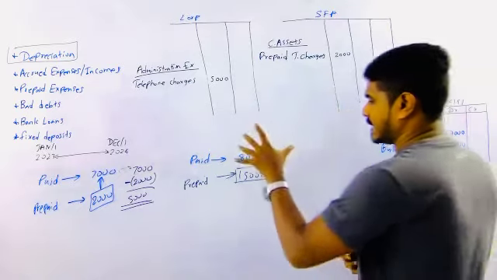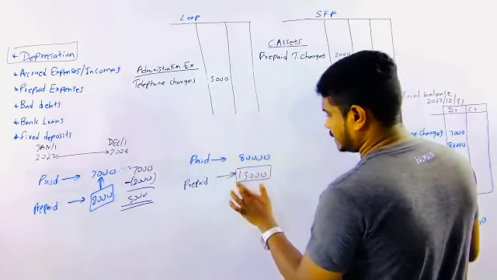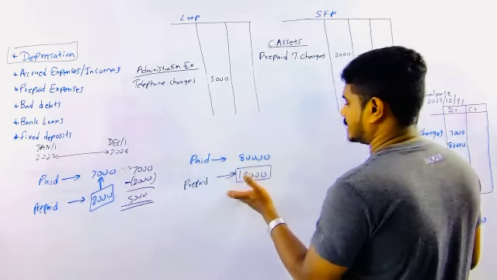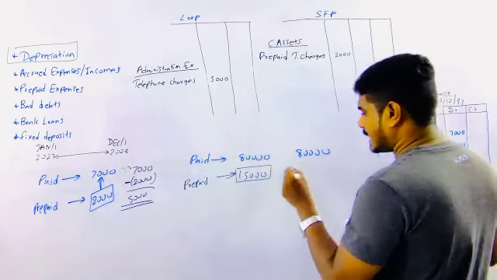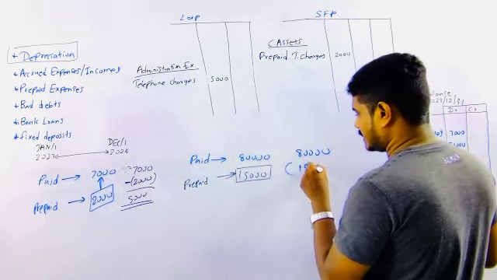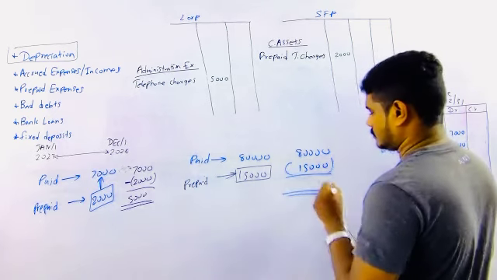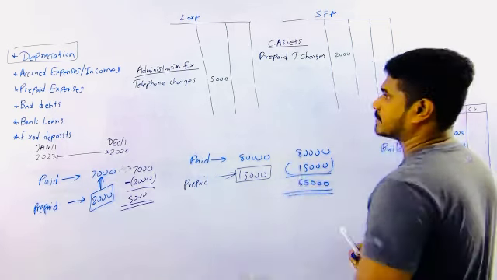So here we have paid 80,000, but 15,000 of this 80,000 is prepaid. It means we have to deduct this 15,000 to take the real expense. Then the real expense is 65,000.